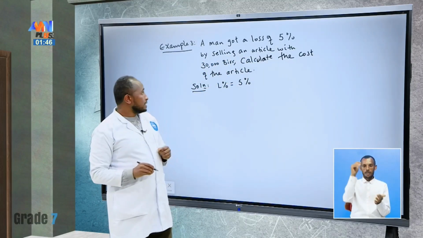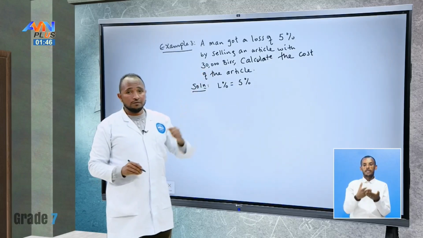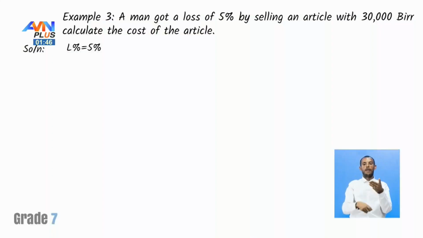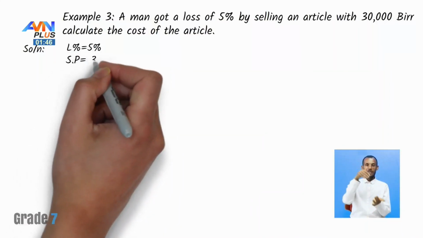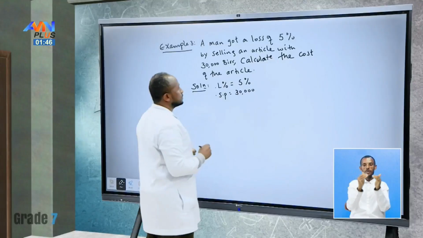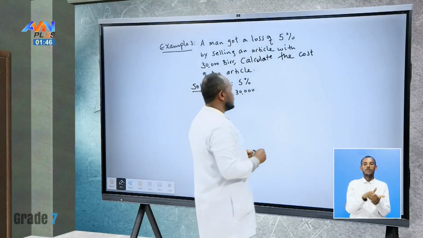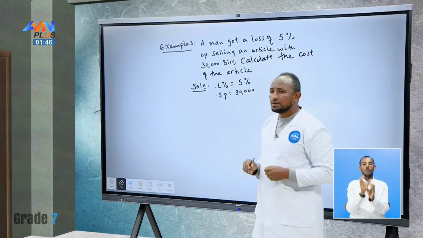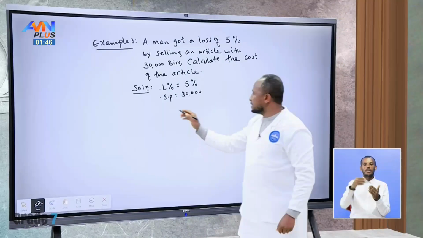So here, the selling price is also given. The selling price is this 30,000. So the question is, calculate the cost price.